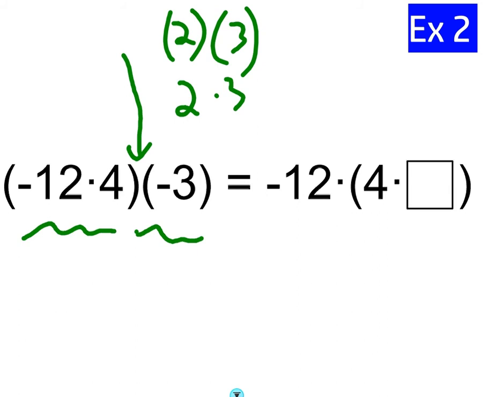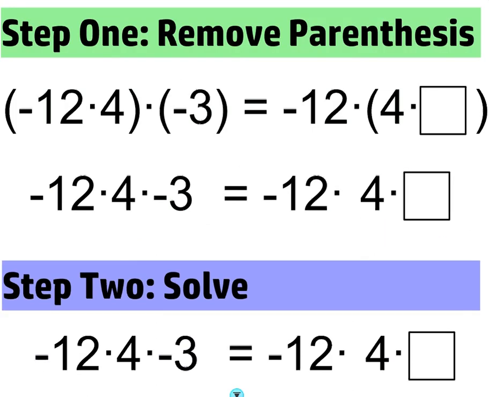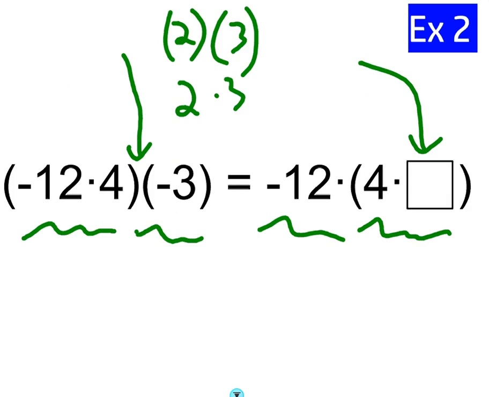So negative 12 times 4 times negative 3 is equal to negative 12 times, and then this time we're going to group 4 times whatever this unknown number is, which, again, a lot of you probably know what that is. So we're going to remove the parentheses, take them out, and notice I went ahead and stuck a multiplication sign there because it's when you group 2 parentheses like that, you can assume there's a multiplication sign there.